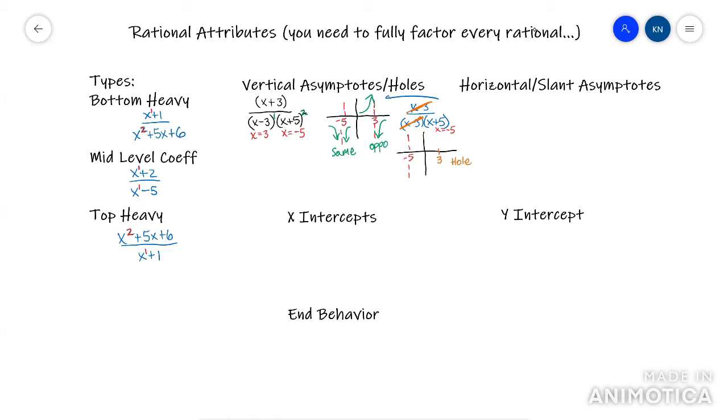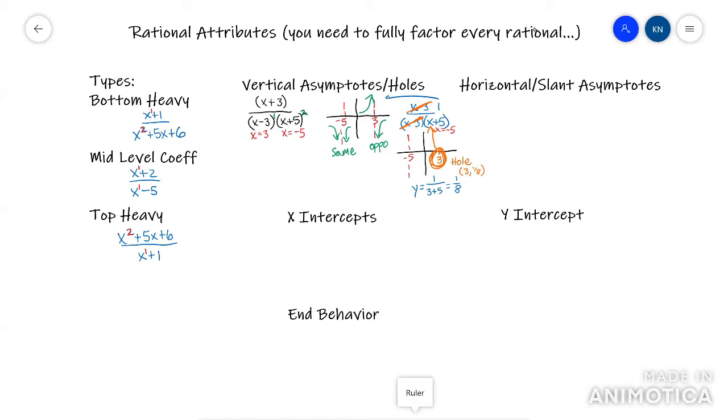And the way you find out where the hole is, you plug in 3 for your x value. So once I canceled this, it would just be a 1 on top. And if I plugged in 3, it would look like 1 over 3 plus 5, which is 1/8. That's my y value. So this hole would occur at 3 comma 1/8, for example.